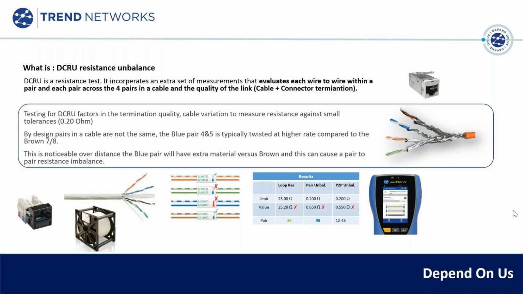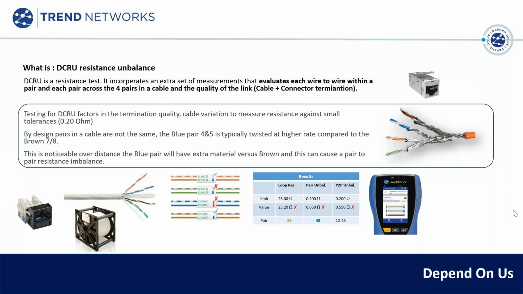UTP is typically twisted more. You can see that blue compared to brown, whereas the twist in shielded is a little less, close to being equal. So cables are designed in various types, subject to noise immunity, and different manufacturers do things differently.